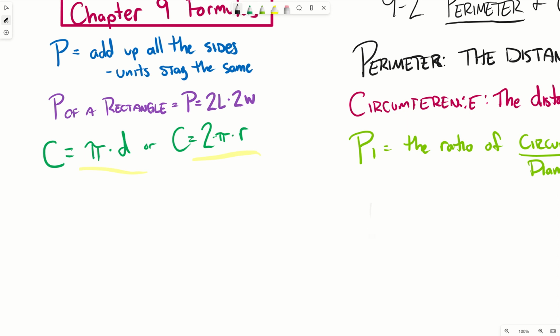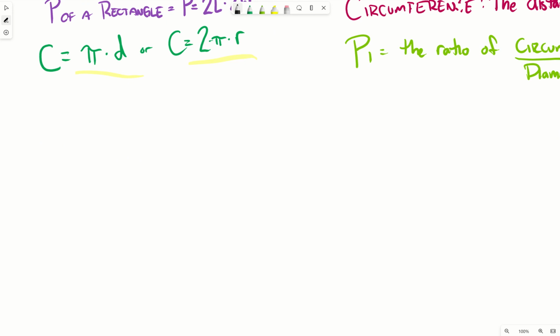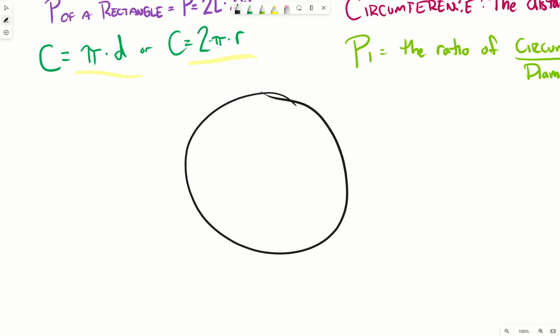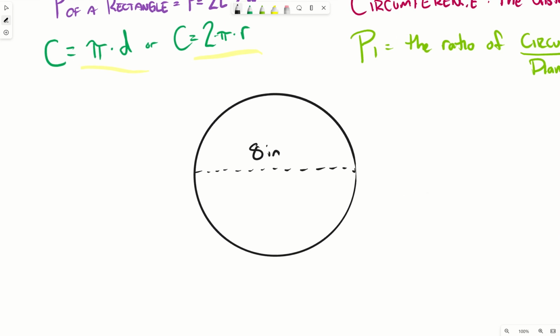Now, let's draw me a circle here and solve out some math. Here's my circle, and I know that the diameter of my circle is 8 inches. So I know diameter, so I'm going to use my diameter formula.